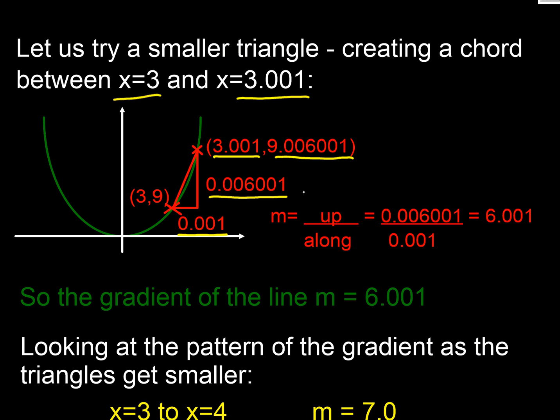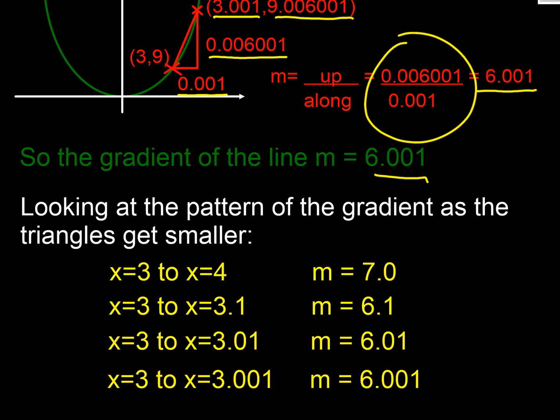So the up over the along now has a value of 6.001. So if we have a look at our pattern of those numbers, when we went from 3 to 4, we had a gradient of 7. 3 to 3.1, we're now down to 6.1. Then it came down to 6.01. The base was 1, this one was 0.1, and that one's 0.01. This is going to be 0.001.